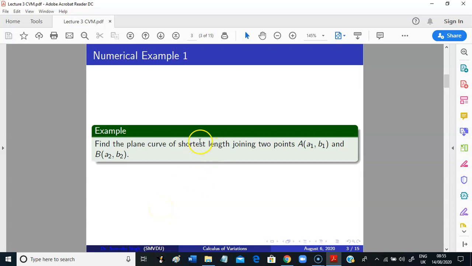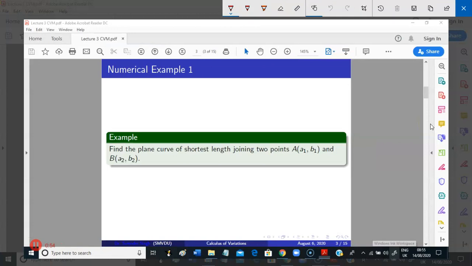Here you are given that there are 2 points in a plane, A and B. I have already given you the description of this type of problem, but here we have to find the solution.